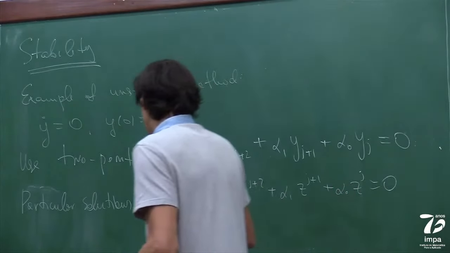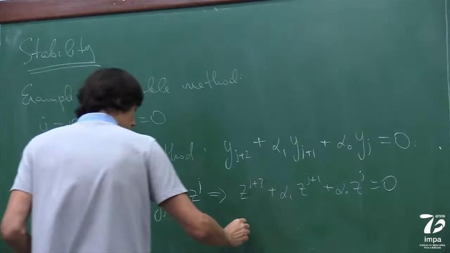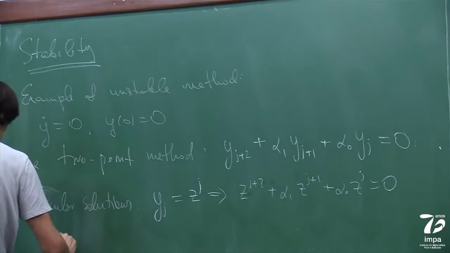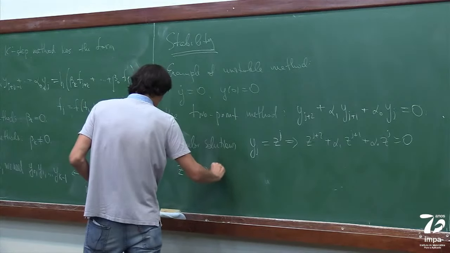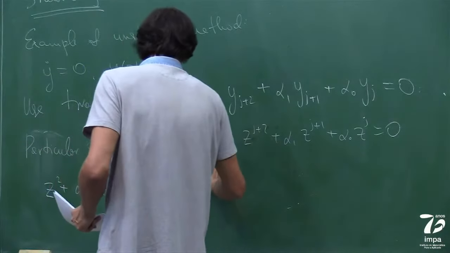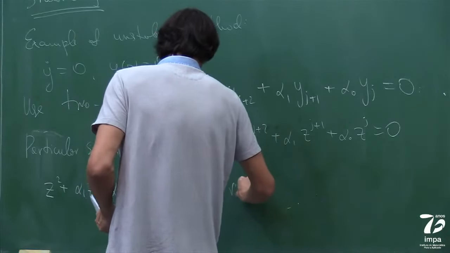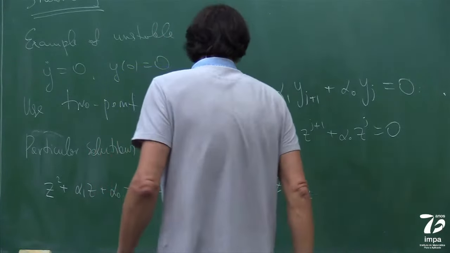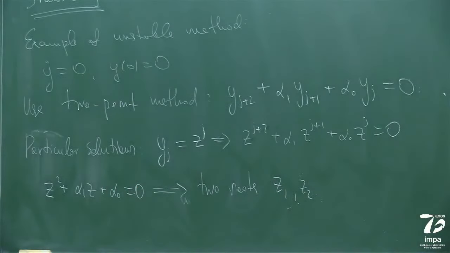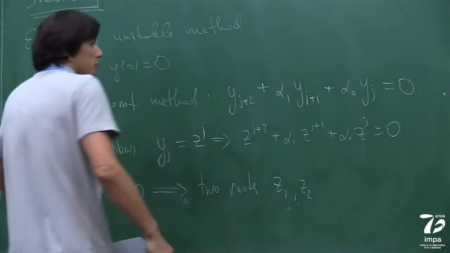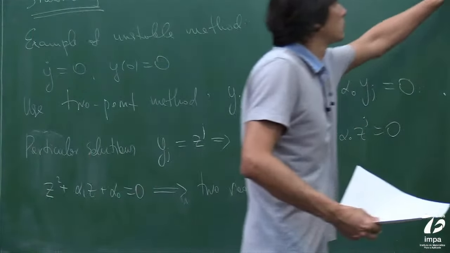Cancel one of the z^j, so you get z squared plus alpha 1 z plus alpha 0, which gives you two roots, z1 and z2. Let's assume that they're different. Since we have 2 roots, we have 2 solutions, and it gives us a general solution.